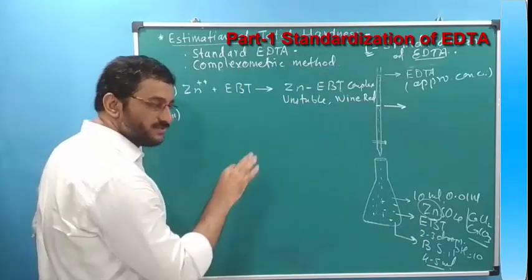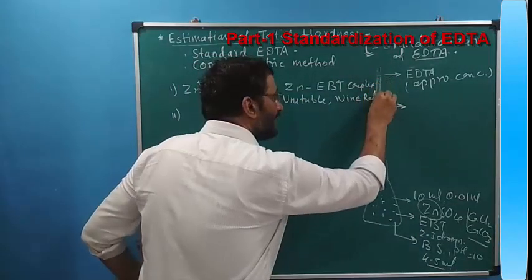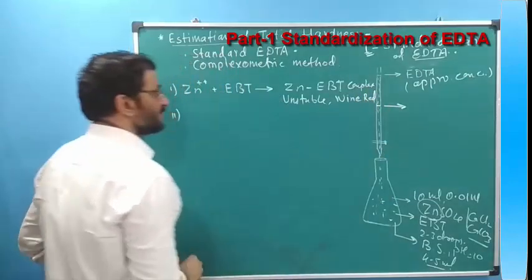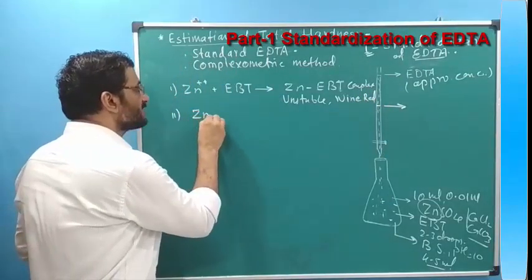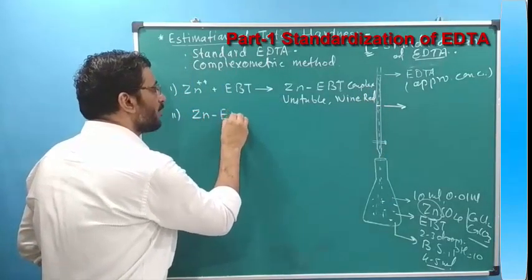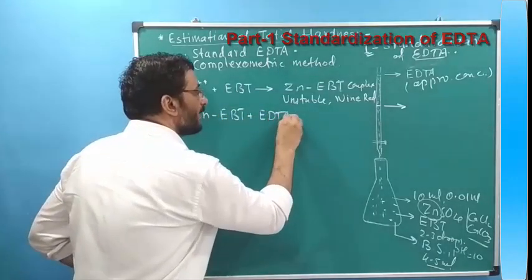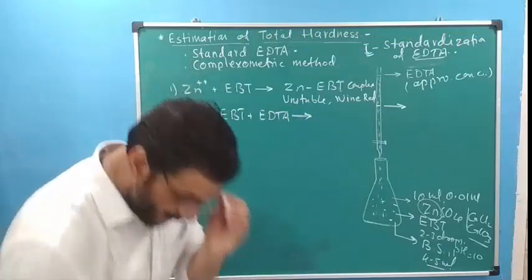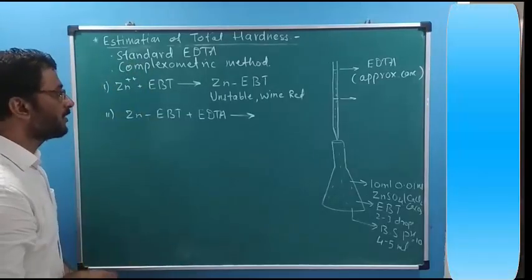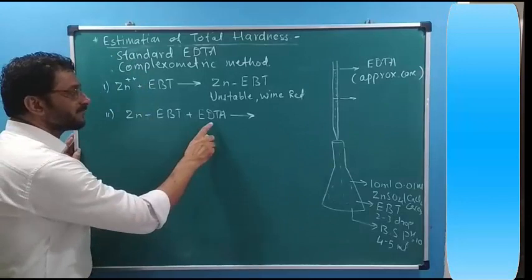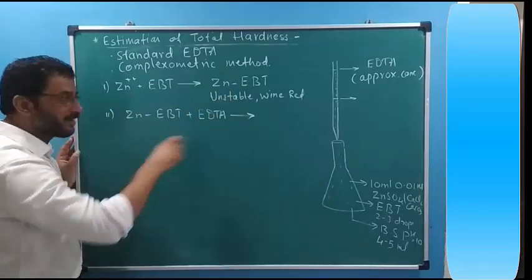After observing wine red, you add EDTA from the burette to the flask. What is there in the flask? Flask has zinc EBT complex, colored complex. Now what are we adding from the burette? I am adding EDTA. So in the second reaction, EDTA we are adding from burette to the flask.